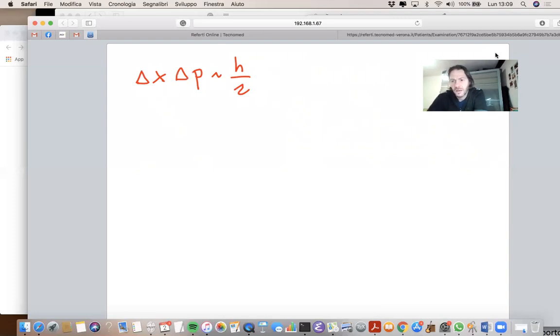It's the famous fundamental limitation of nature to determine position and momentum in a completely closed way. So this is the Heisenberg uncertainty principle.